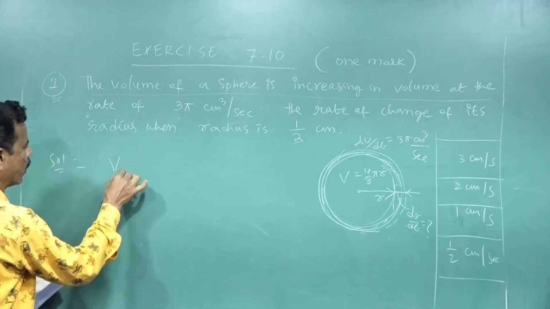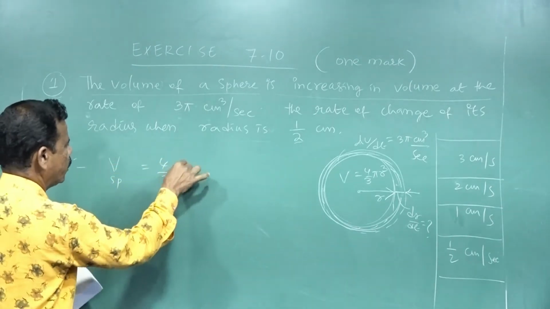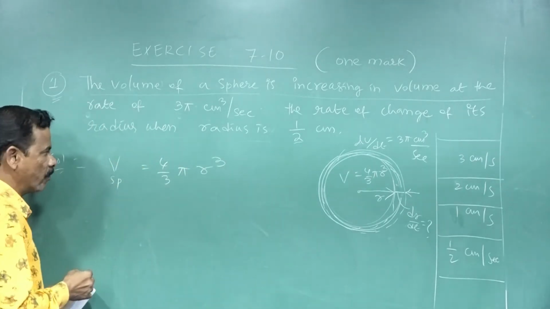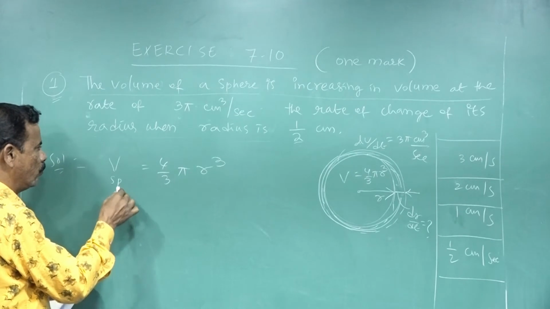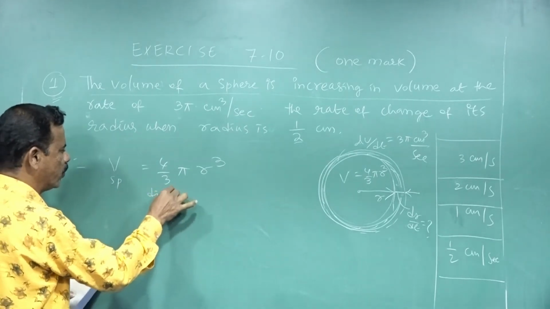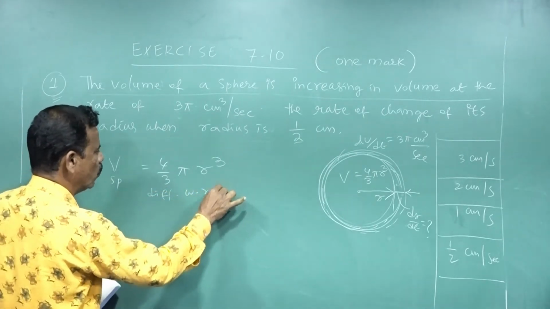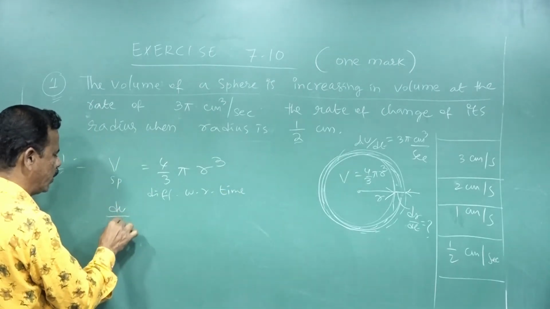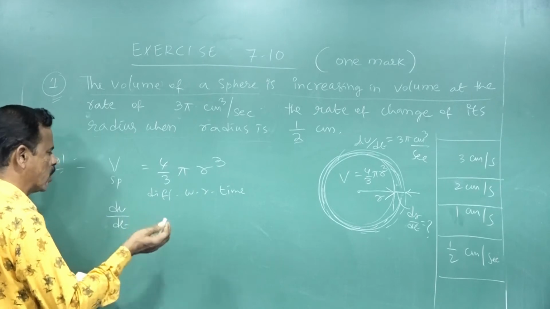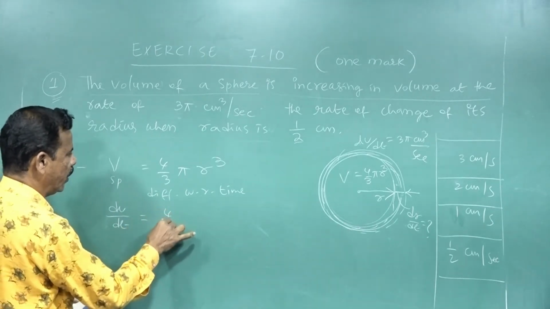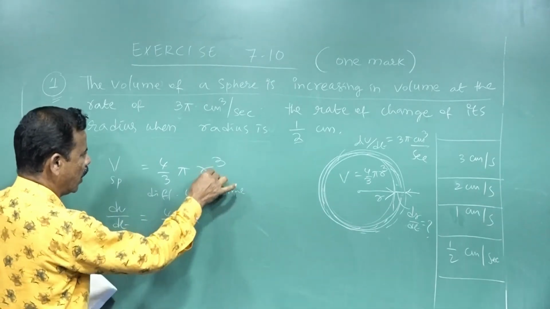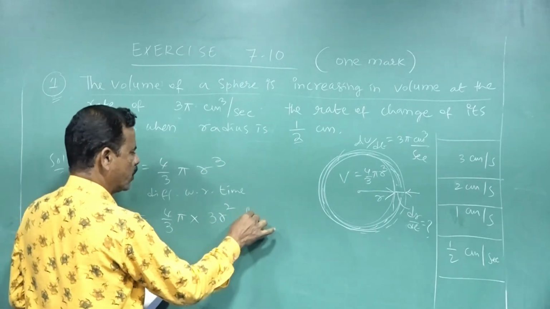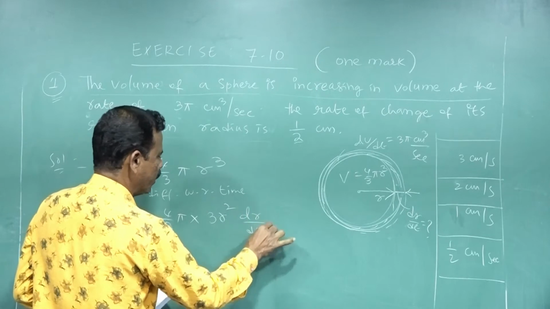Now the solution. Volume of this sphere is equal to 4/3 pi r cube. It is the formula for the sphere volume. So we differentiate with respect to time t. dV by dt: rate means with respect to time. 4/3 pi is constant, r cube differentiation gives 3r square, and again r differentiation with respect to t gives dr by dt.